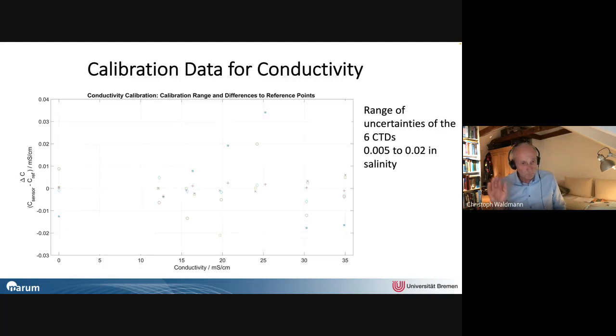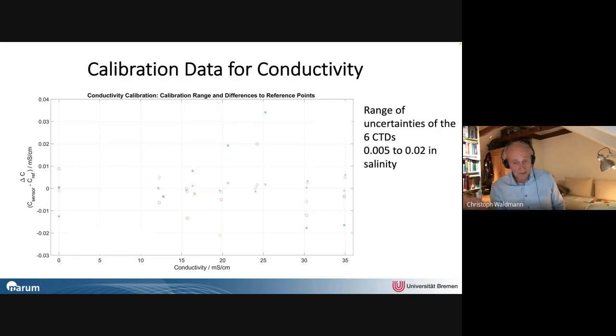Okay, another thing is salinity, I just want to briefly talk about this. The range of calibration uncertainties for CTDs was even worse than what I just showed for temperature. It's not a big surprise, but I think people are still dreaming that their salinity cells are better than 0.01 in accuracy or uncertainty, and I have serious doubts.